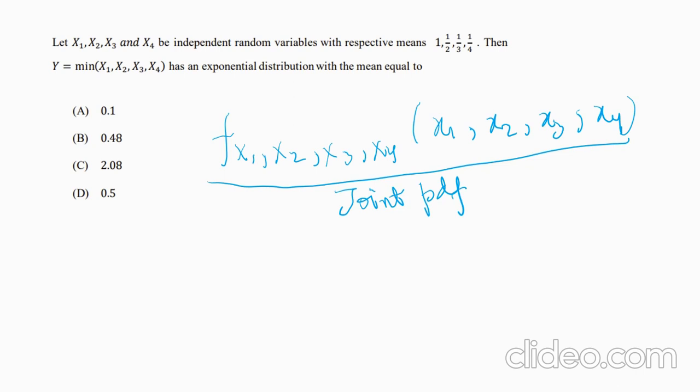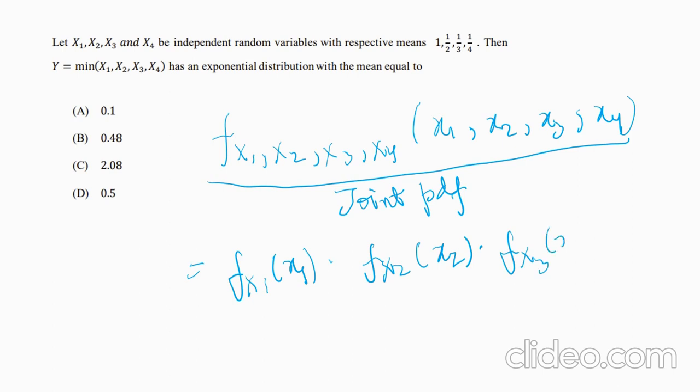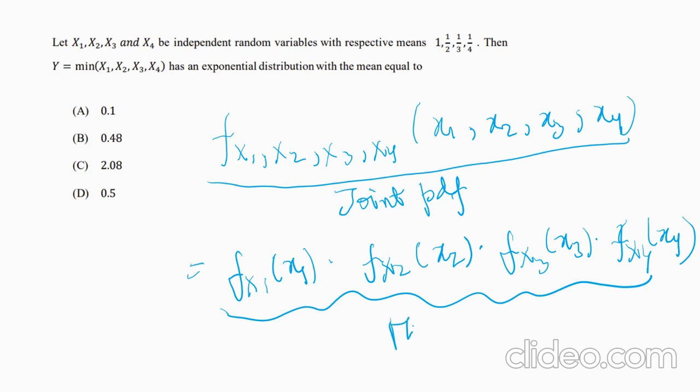Now this joint PDF will be equal to f_X1 at x1, f_X2 at x2, f_X3 at x3, and f_X4 at x4. Okay. So this is the joint PDF and these are the marginal PDFs.